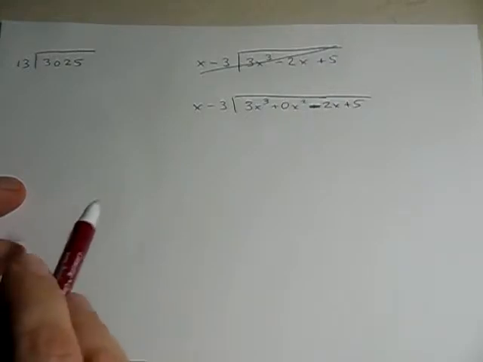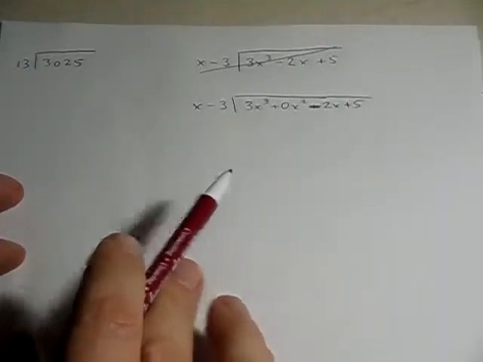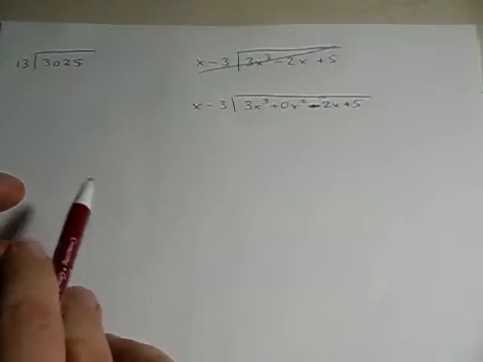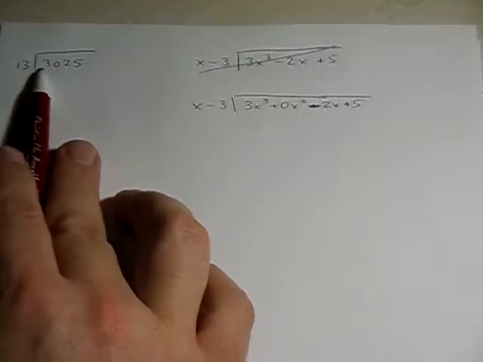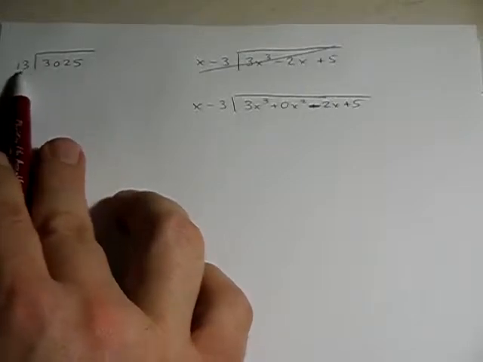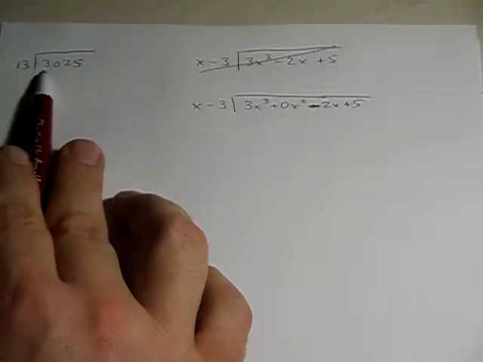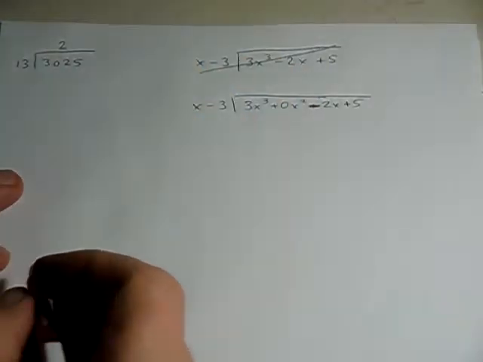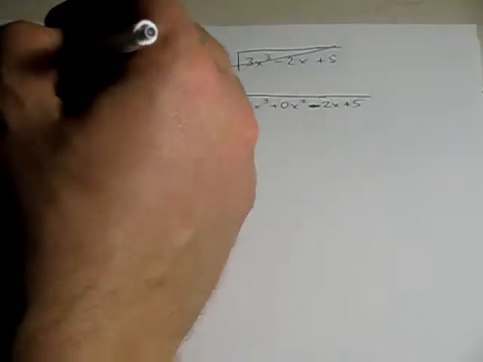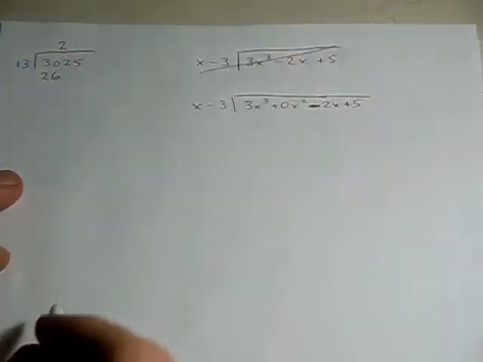Now, once you get to that point, the process is really very similar. So we know that in this original numeric problem, we would look at the first two digits, the 30, and we would see how many times 13 goes into 30. Well, 13 goes into 30 twice. And then we would multiply. 2 times 13 is 26.